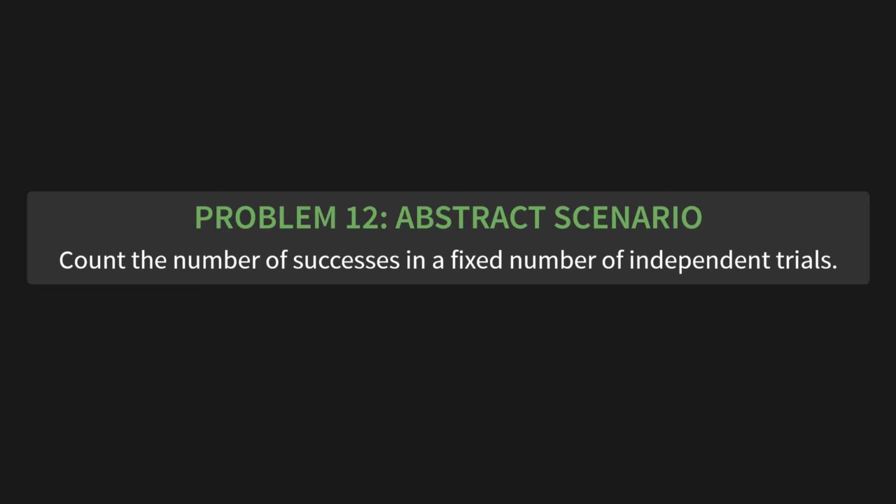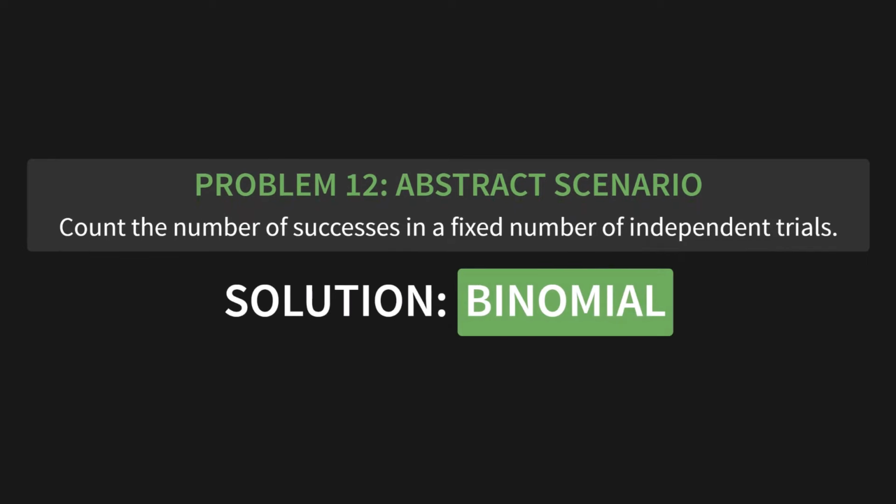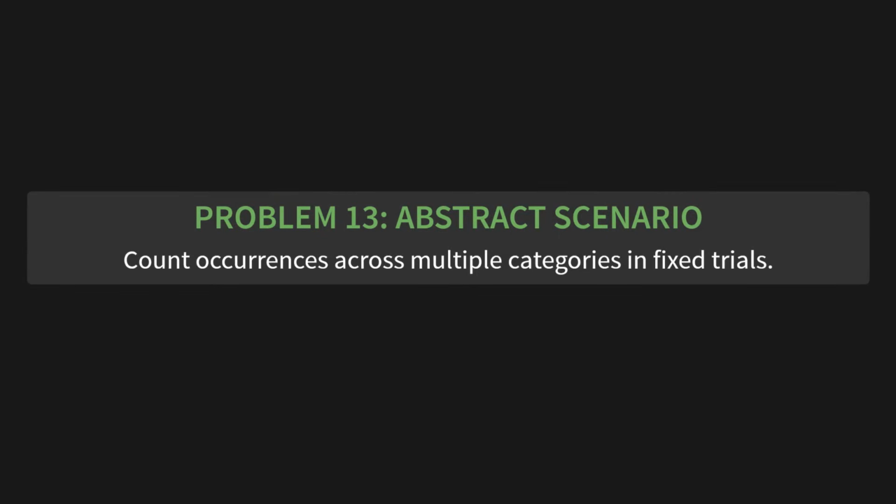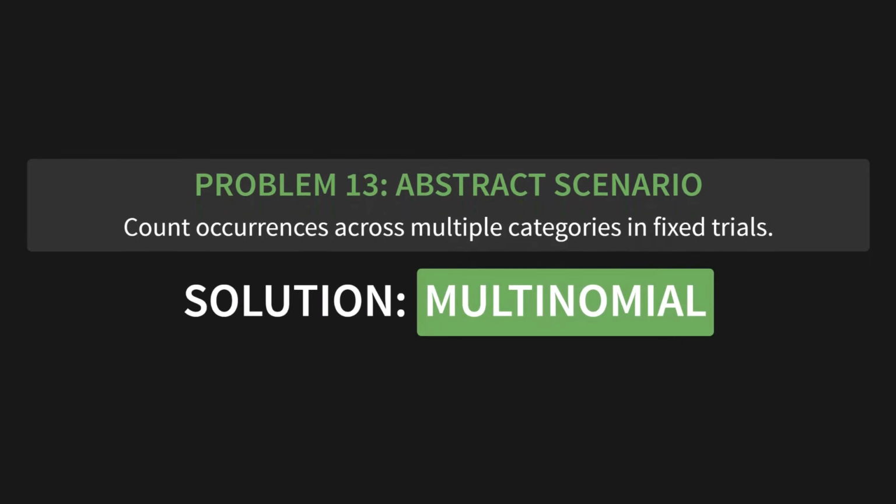Count the number of successes in a fixed number of independent trials: binomial distribution. Count occurrences across multiple categories in fixed trials: multinomial distribution.